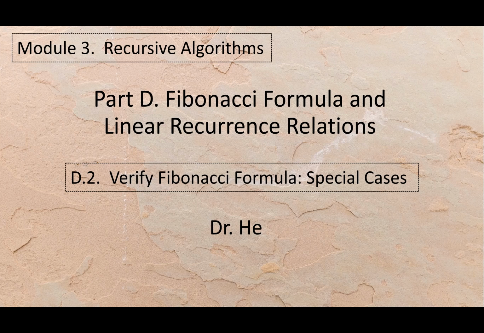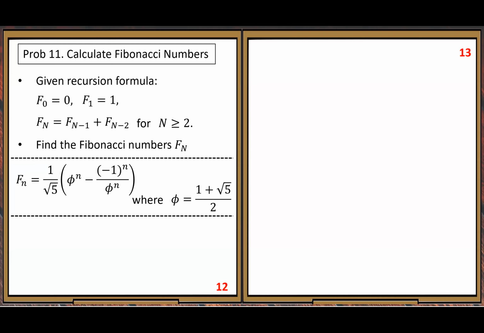Here, let me show you some examples working on Fibonacci numbers when n is a relatively small number. Let us do the verification.